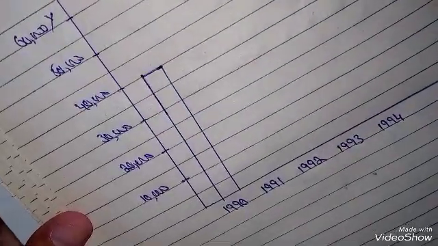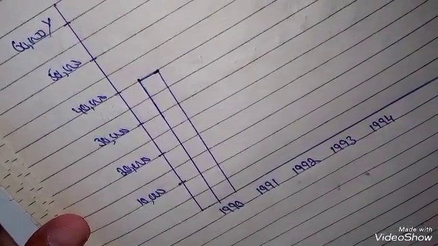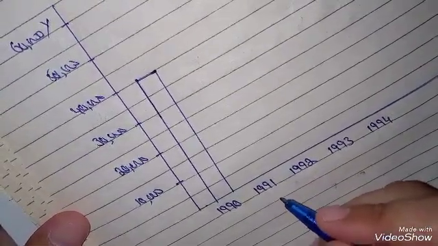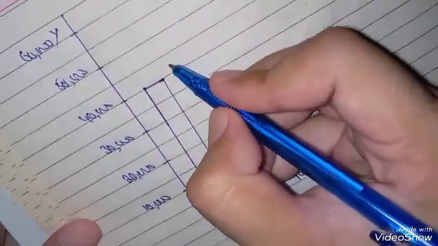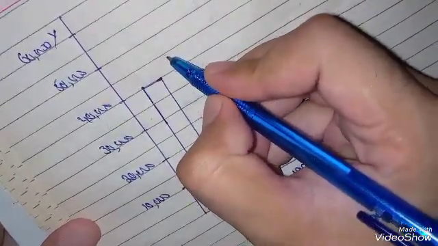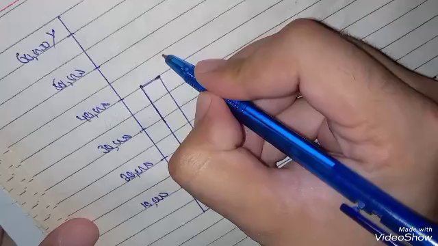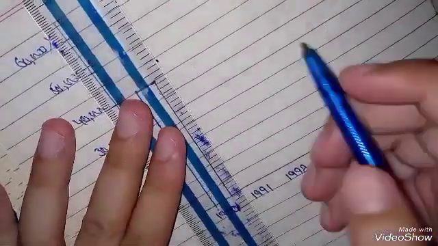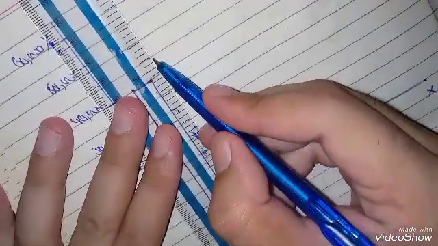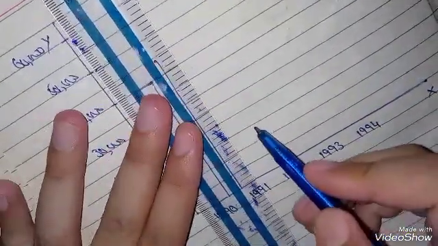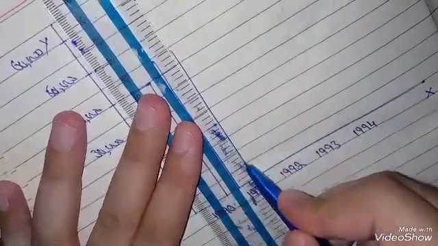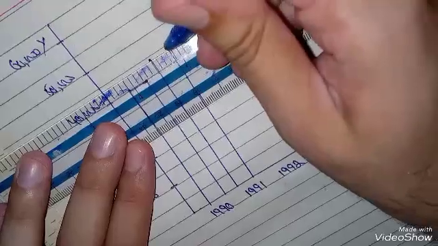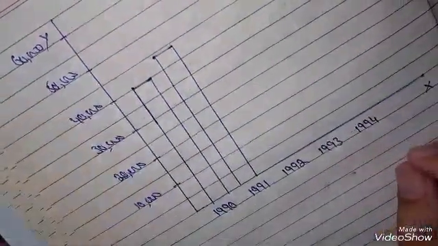In 1991 we have 43,000, so we will take it like this.